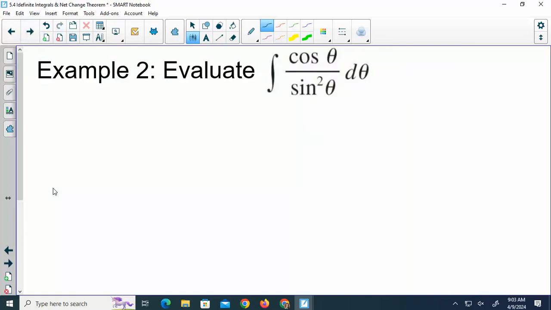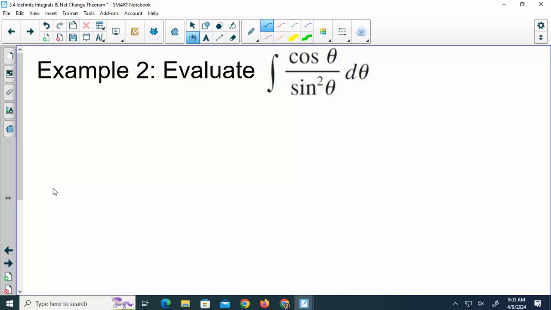Let's see this one. If I asked you to do this antiderivative, all right, can we do the antiderivative of a quotient? No. So I have to somehow rewrite this before I'm going to be able to work it out. Do you guys have any ideas? Okay, what if we break it apart?